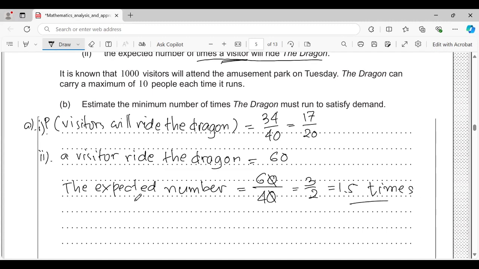So the expected number equals 1.5 times.